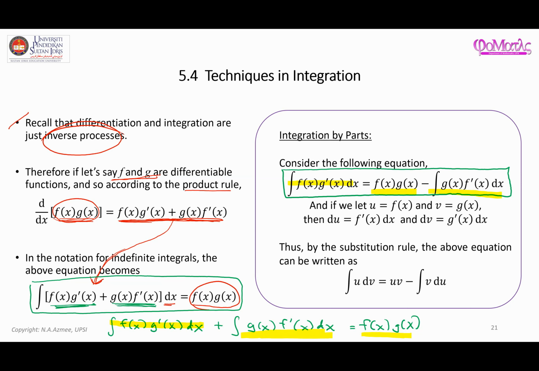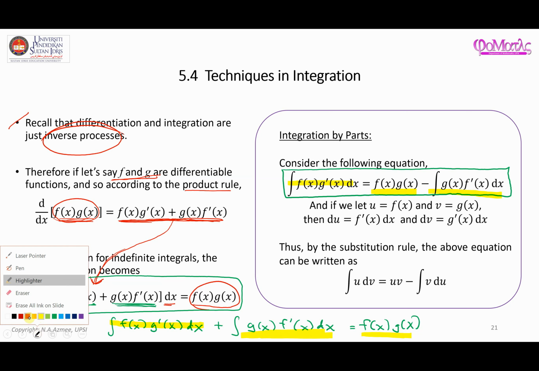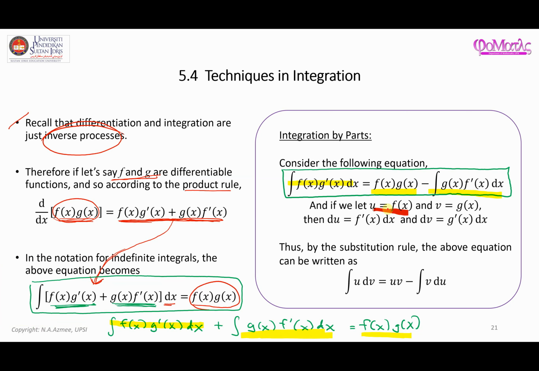If you let u equal f(x) and v equal g(x), then since u is a function of x, du/dx is the derivative of f(x), so you get f'(x).